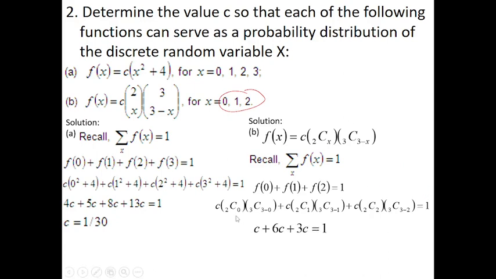This will now be the simplification. Using a calculator, we can arrive at this, and c is equal to 1 over 10. So the value of c is 1 over 10, such that the function can serve as a probability distribution of the discrete random variable x for letter B.